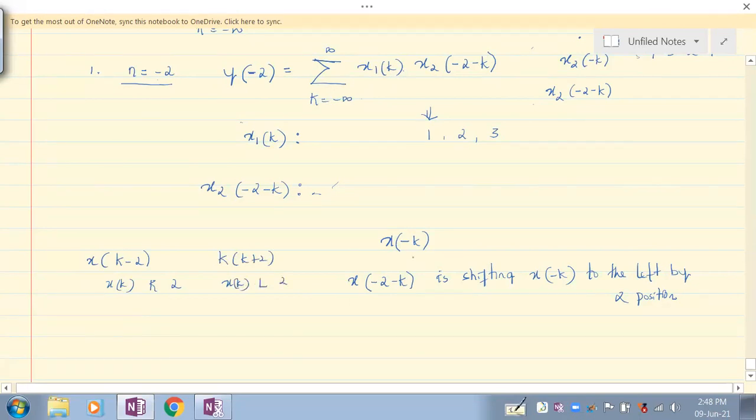But here I'm looking at x of minus k, mind you. So x of minus k is what we start with. Then x of minus 2 minus k is shifting x of minus k to the left. Similarly, x of 2 minus k is shifting x of k to the right by 2 positions.